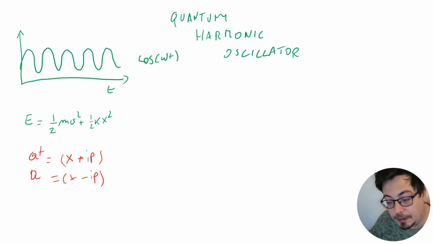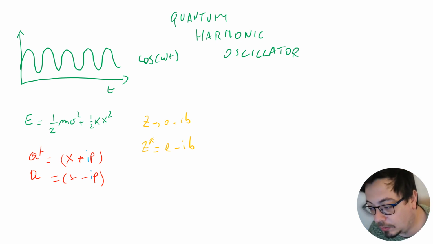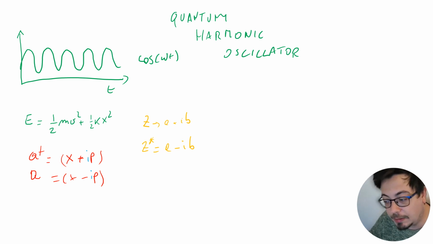And the reason I'm doing this is actually a fundamental one. If you remember the complex number Z, which is A plus iB, we can derive the complex conjugate Z star, which is A minus iB, okay? And for a reason that I'm not going to discuss in this video, maybe in later videos, but it's quite important, in quantum mechanics we usually deal with operators.